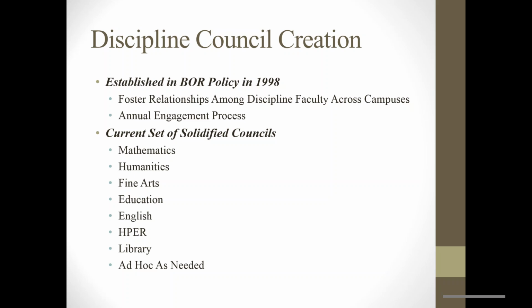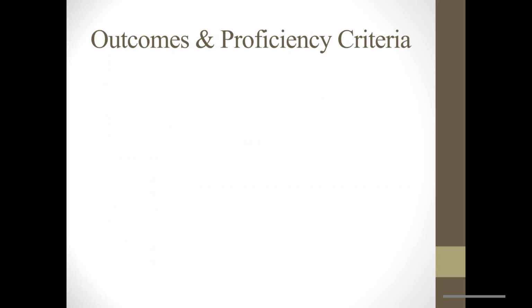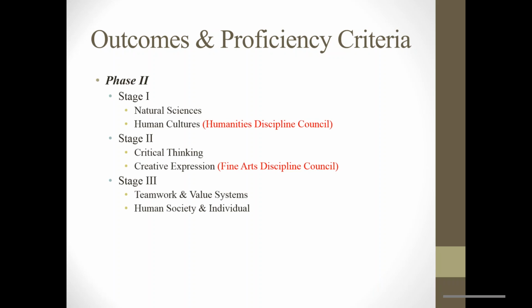Ad hoc discipline councils can be formed, and that's what you'll see on this next slide, in that we certainly relied on, for human cultures, that area in stage 1 of phase 2. I had my members of the Humanities Discipline Council come together, formulate their learning outcomes, send them forward to WICHE, and then they sent a representative to Boulder to negotiate with the other states.